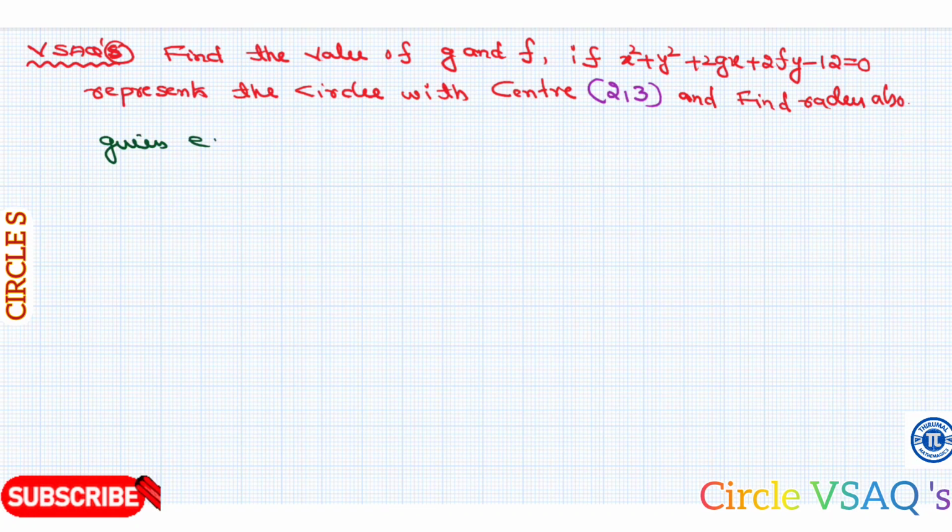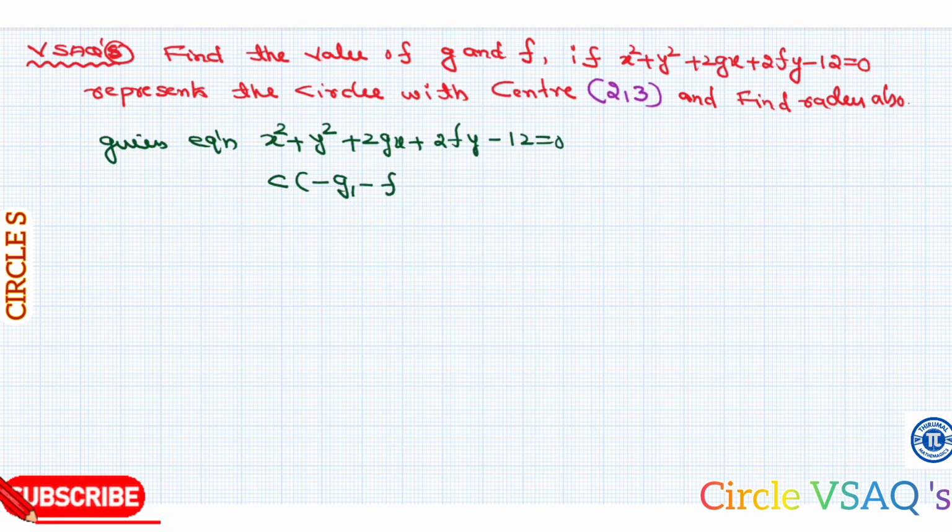Given equation x² + y² + 2gx + 2fy − 12 = 0. The center of the circle is (−g, −f), which is given as (2, 3).